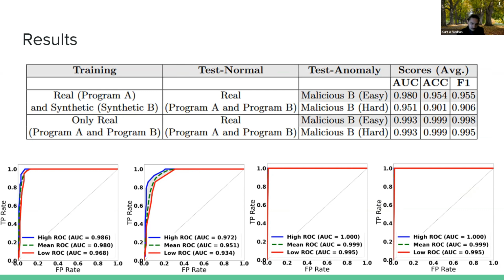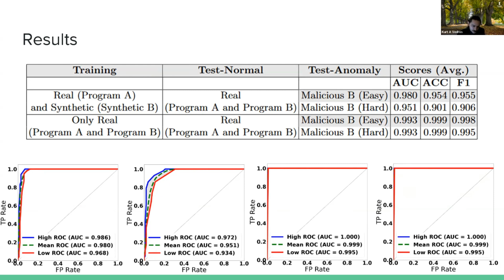For the accuracy and F1 scores, the use of synthetic signals achieved 90.1% and 90.6% respectively for the harder case, and 95.4% and 95.5% when detecting the easier to detect malicious cases.